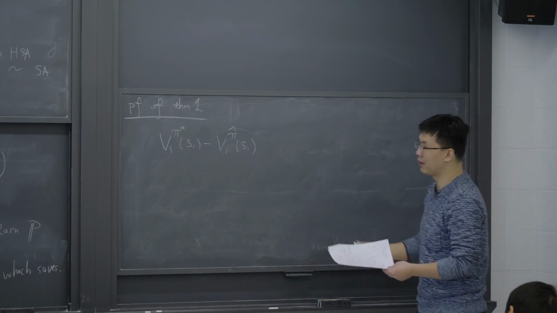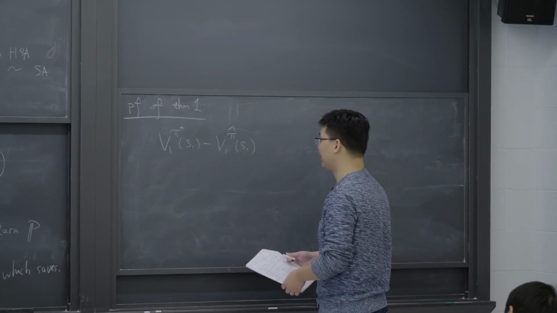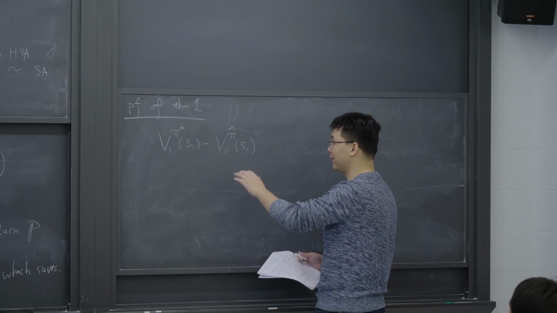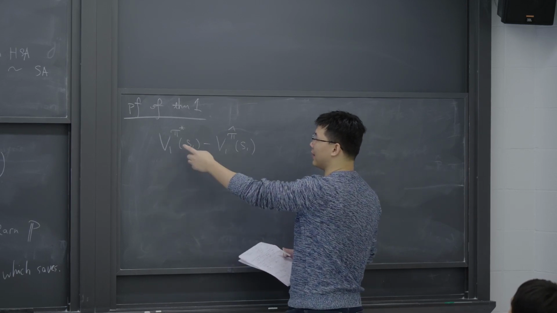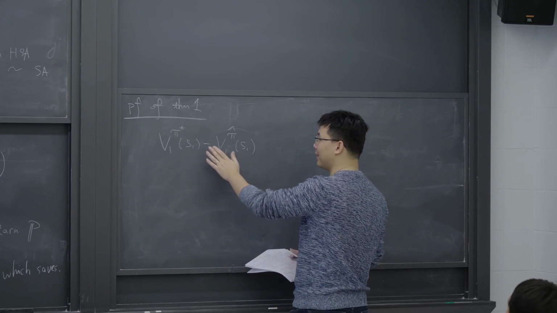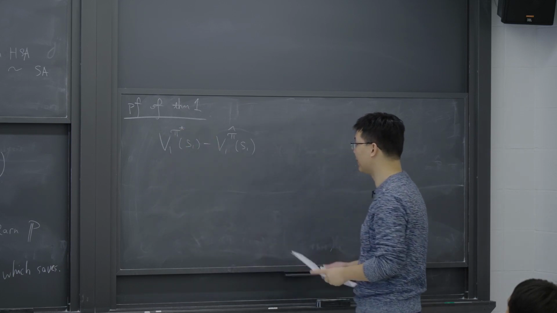However, just remember our lemma 1, we actually use something different. We actually calculate the value difference in terms of the same policy but different MDP. So we're doing V minus V hat, but we need the same policy.